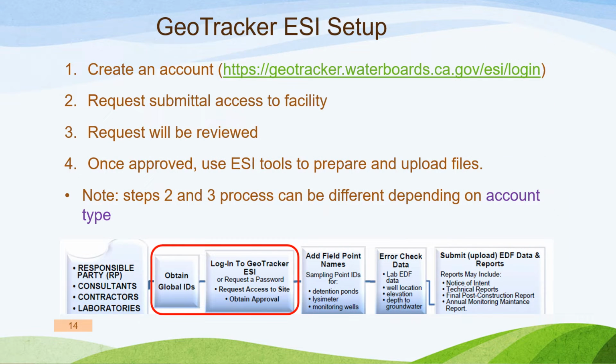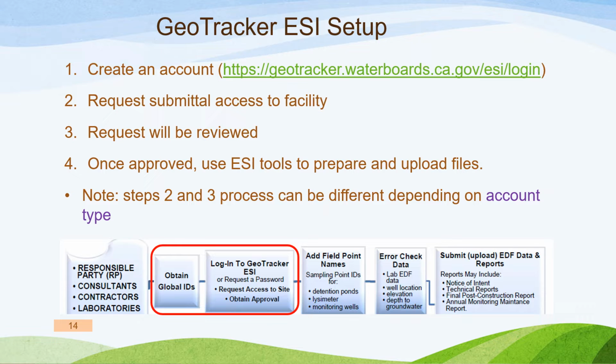So what you see here is a general process of what a user would typically go through to submit data onto GeoTracker. The first thing would be going to this web page and then creating an account. Once you're in the account, you should be able to submit access to a particular facility.